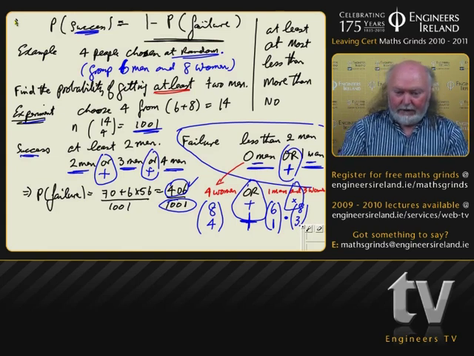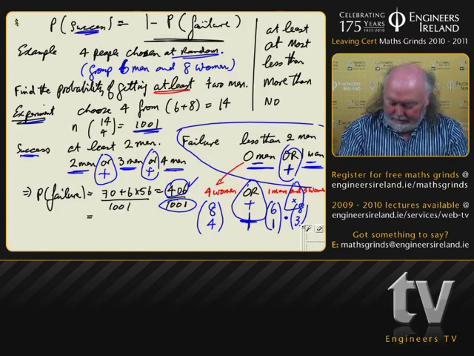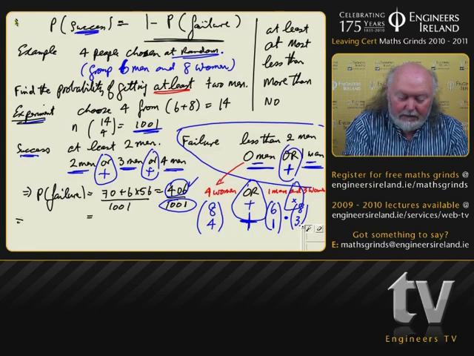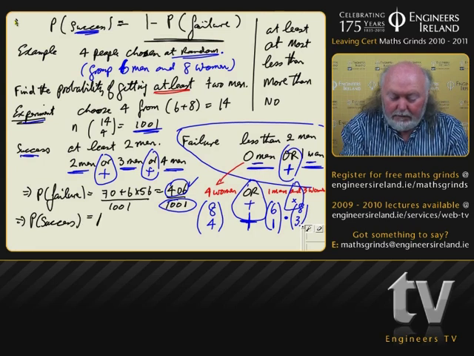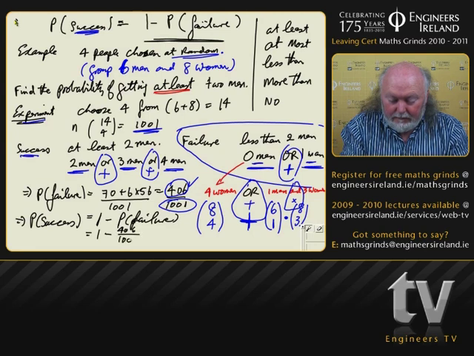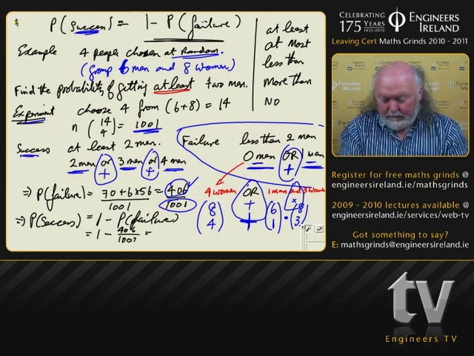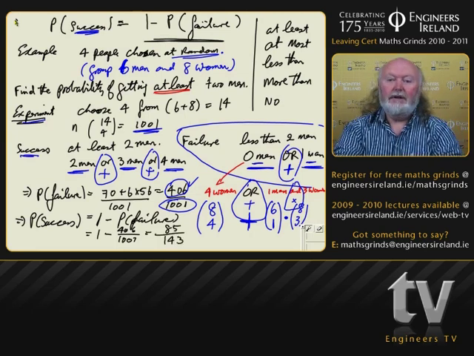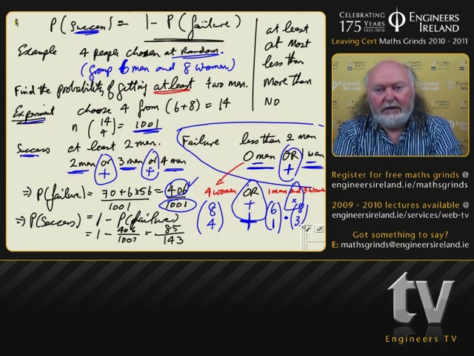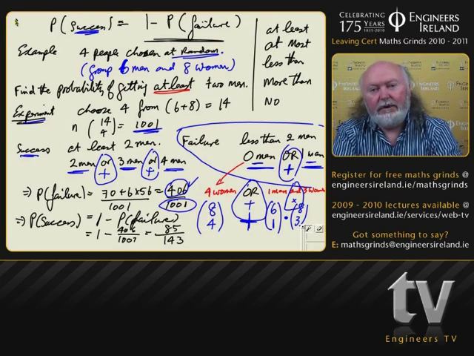So now we can say this P of failure implies P success is equal to 1 minus P failure, which is equal to 1 minus 406 over 1001, and that's 85 over 143. So our probability of success is 1 minus the probability of failure. So we get 85 over 143 as an answer.